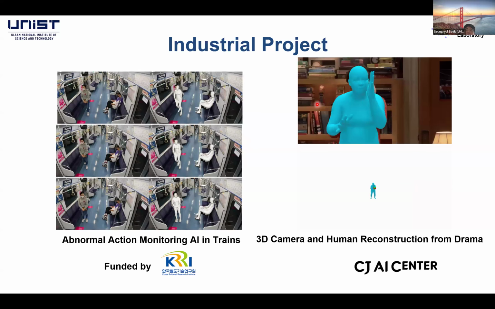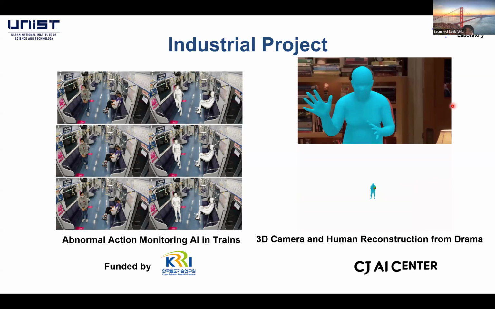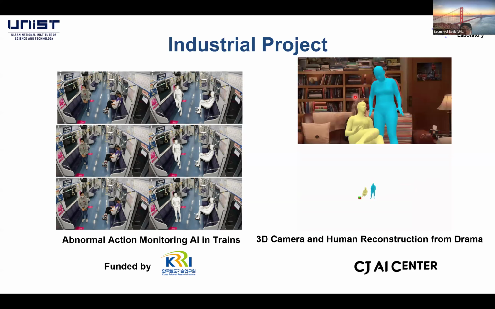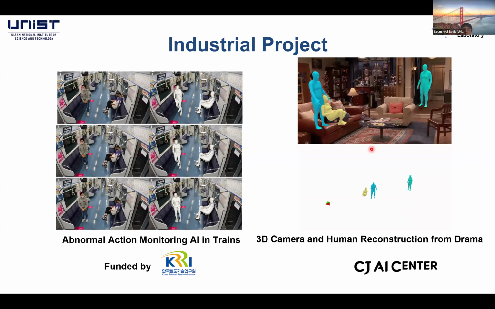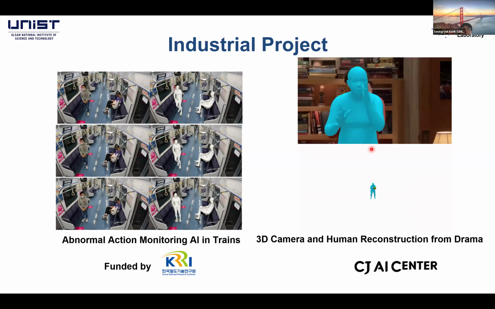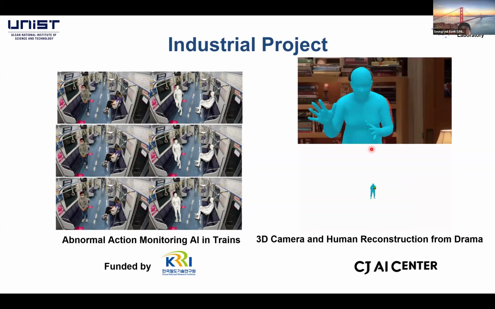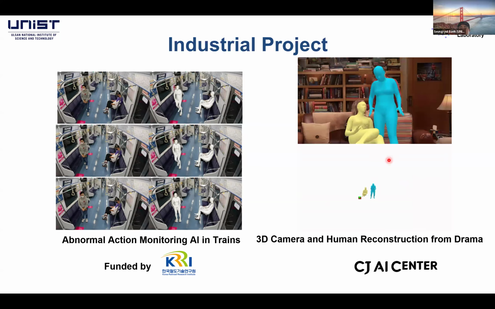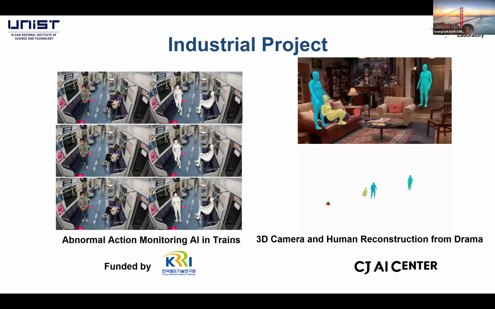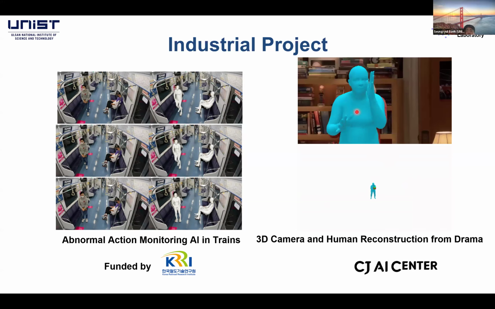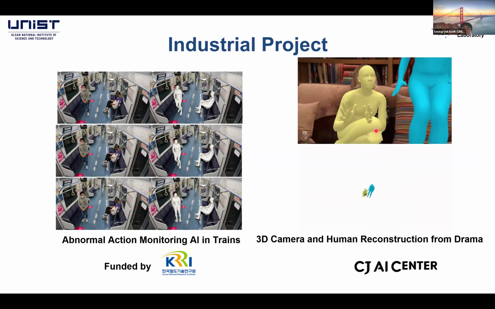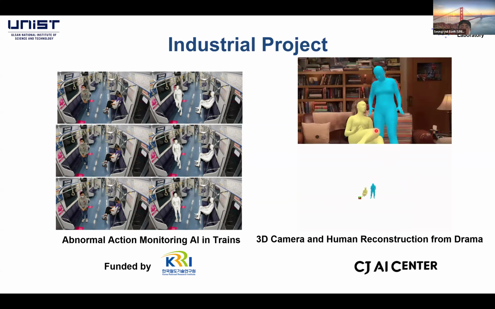When the scene changes in the video, understanding that this person is the same as the specific person in the previous scene is sometimes hard, okay? And understanding 3D meshes in a drama, which has many multi-shots, is not trivial. So we dealt with that with CJ before.